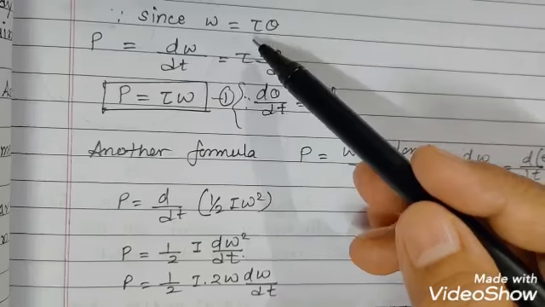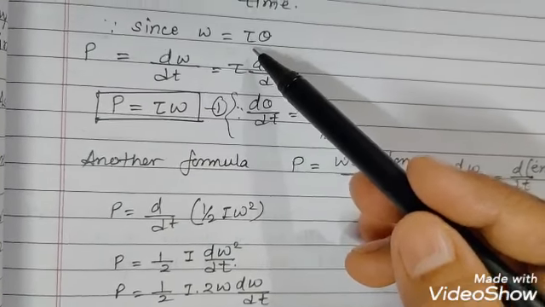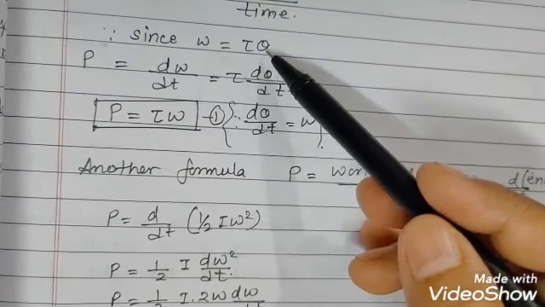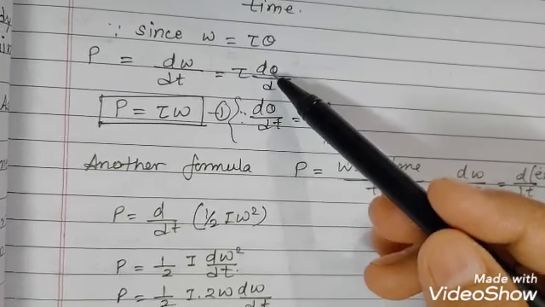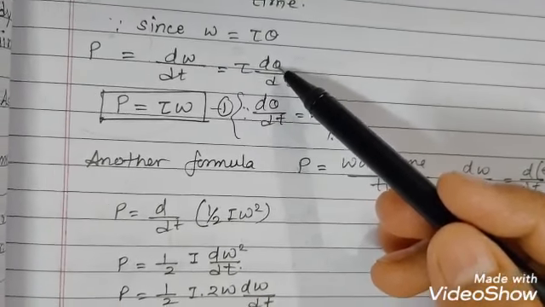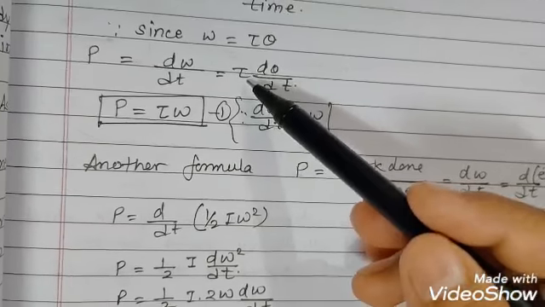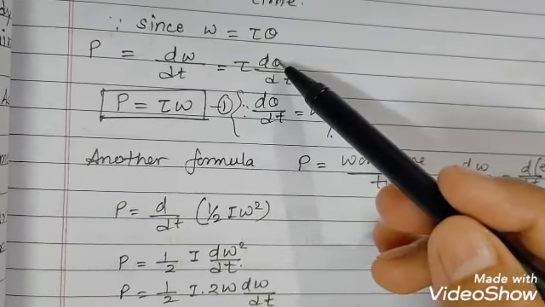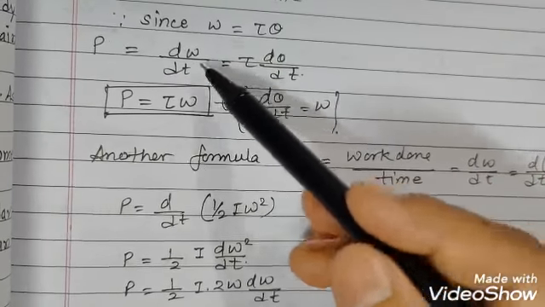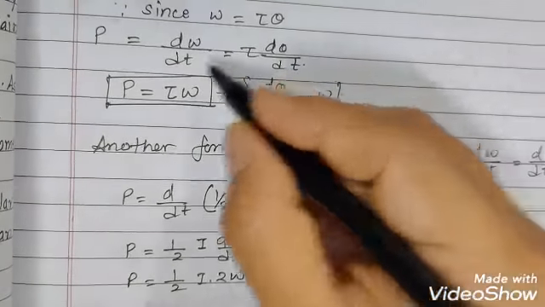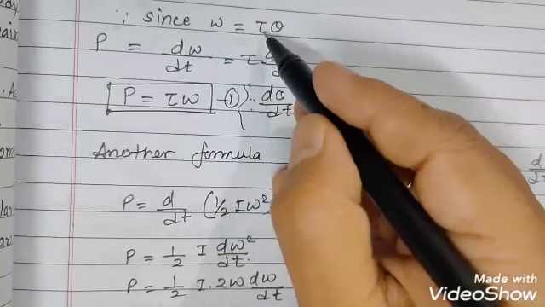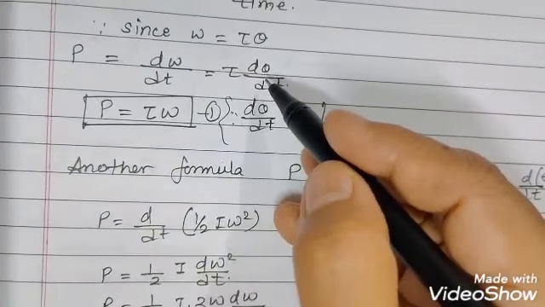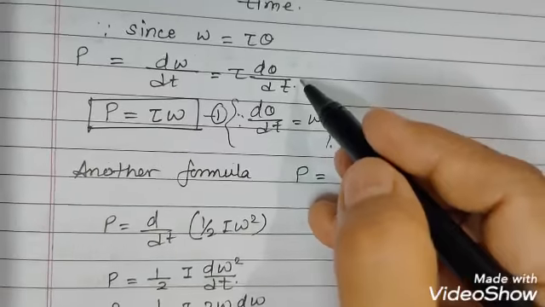For the time being, tau will be as it is and only theta will change, so we take the differentiation of theta. Tau is constant, so tau comes out of the differentiation, and it is d theta upon dt.